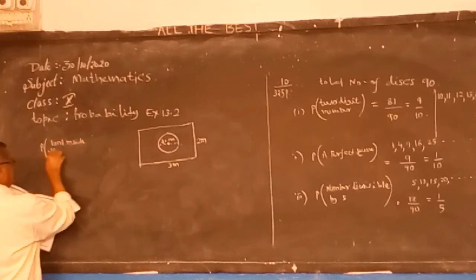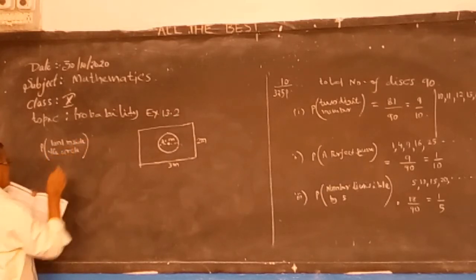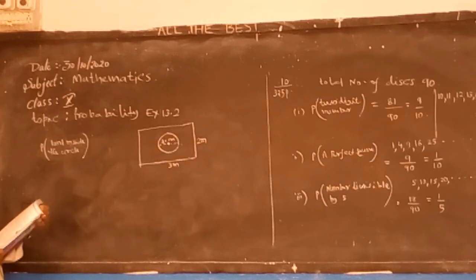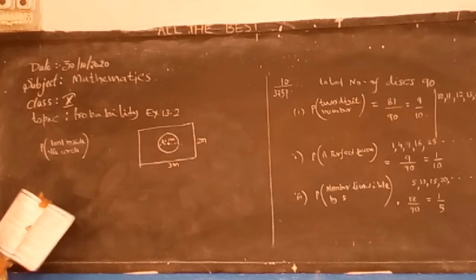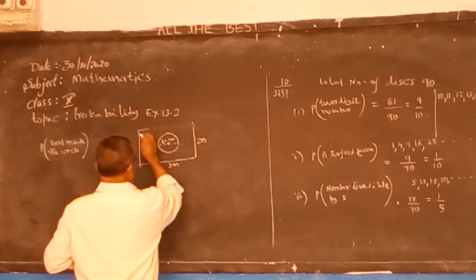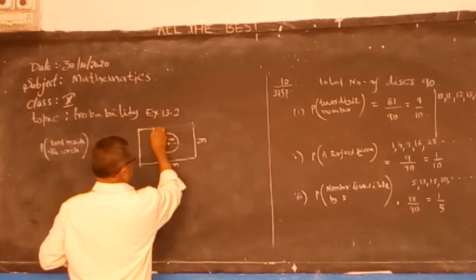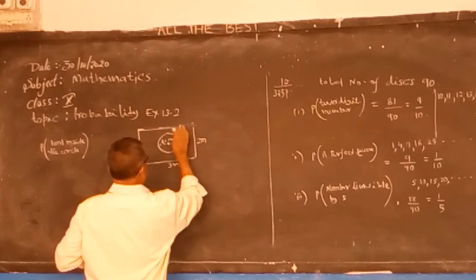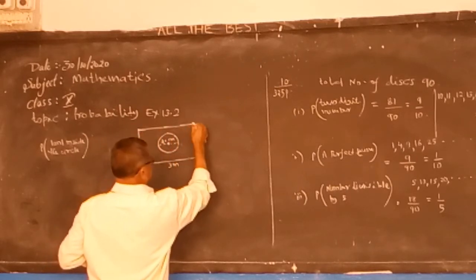First draw a rectangle and a circle of diameter 1 meter. Write the measurements.